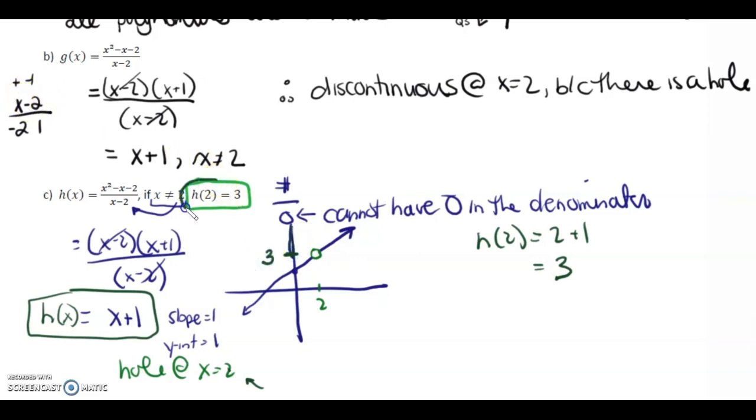Now, taking a look at this additional piece of information, they're telling us h at 2 equals 3. They're giving us the point 2, 3. Let's do this in red. They're giving us the point 2, 3 to actually fill in. So by us filling in 2, 3, this line now becomes continuous. So we're going to say continuous.